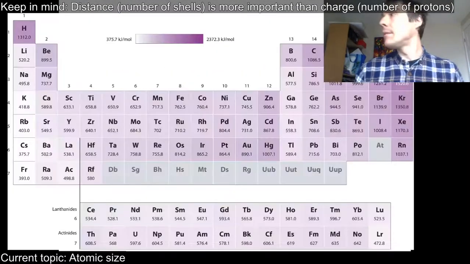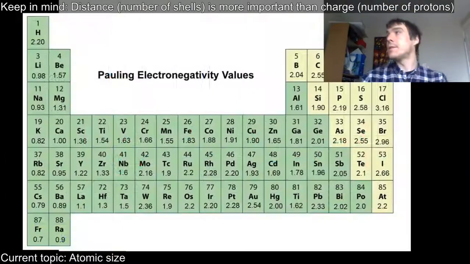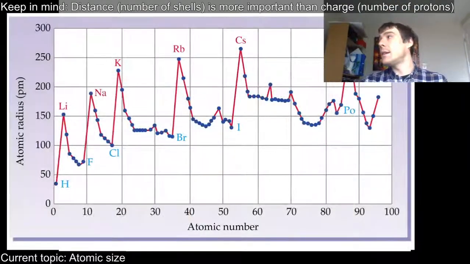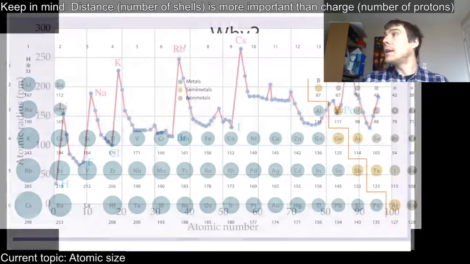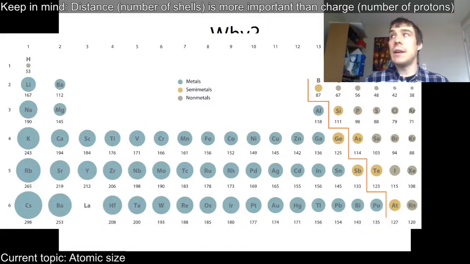If we take a look at it in terms of a size thing, here's a graph of it. You can see a clear periodic trend in the size. And here's an actual diagram of the size of these things. You can clearly tell that sodium is much bigger than chlorine. Much, much bigger. 190 versus 79 picometers.